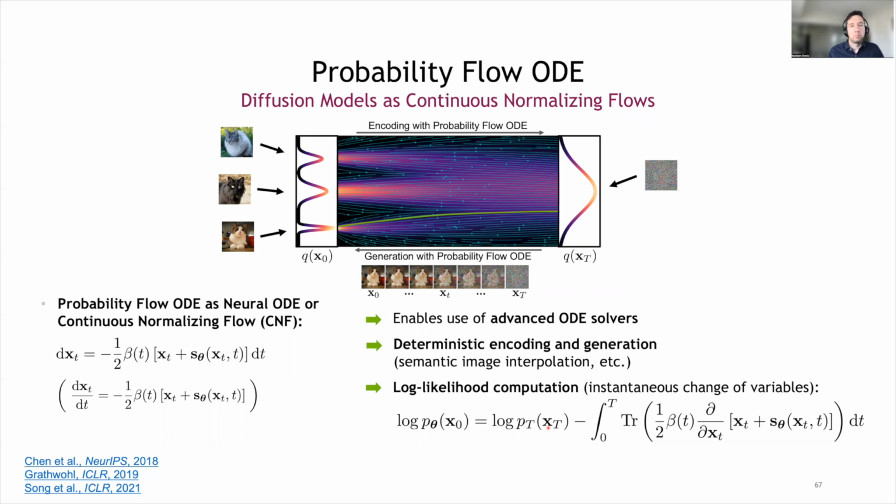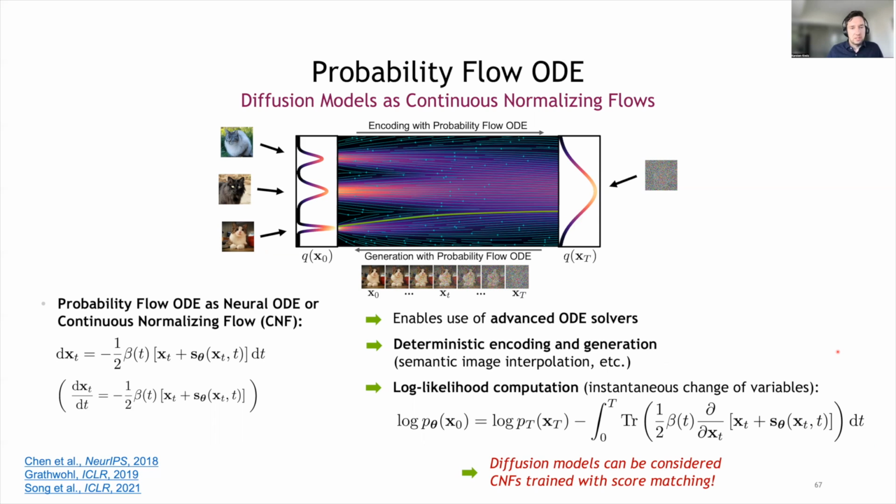Now we can calculate the probability of Peanut's encoding under the prior distribution of our diffusion model. And additionally, we take into account, using this instantaneous change of variables formula, the distortion of the ODE, the volume change along the ODE trajectory. So then the probability of our data sample, in our case, the image of Peanut, is then given by that expression. So we're really just using the tricks from the continuous normalizing flow literature here.